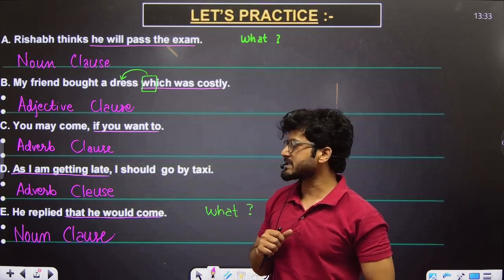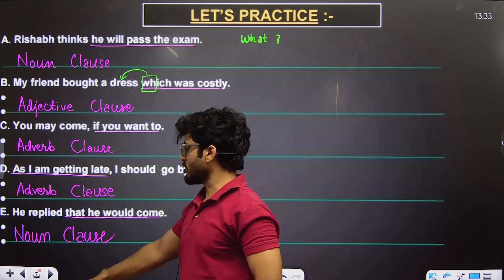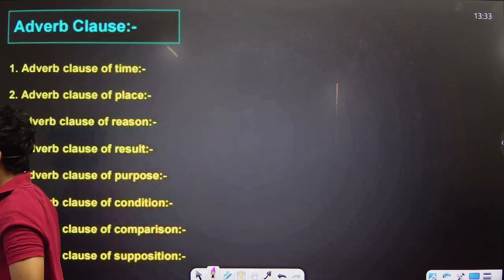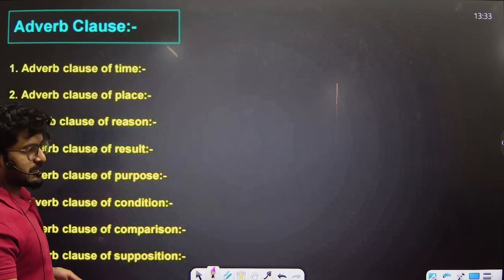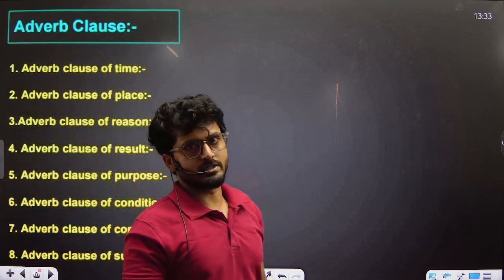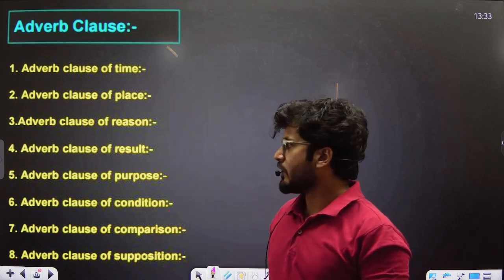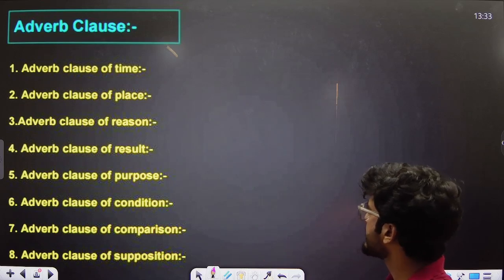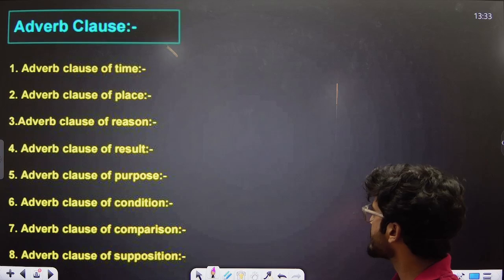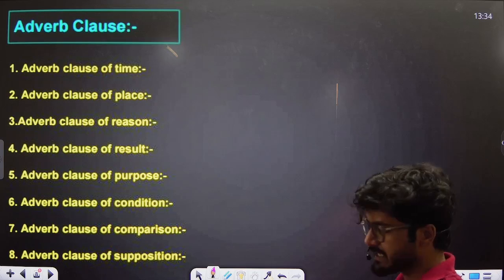Now we are going to discuss further things about adverb clauses. Here we have eight categorizations of adverb clauses: adverb clause of time, place, reason, result, purpose, condition, comparison, supposition.